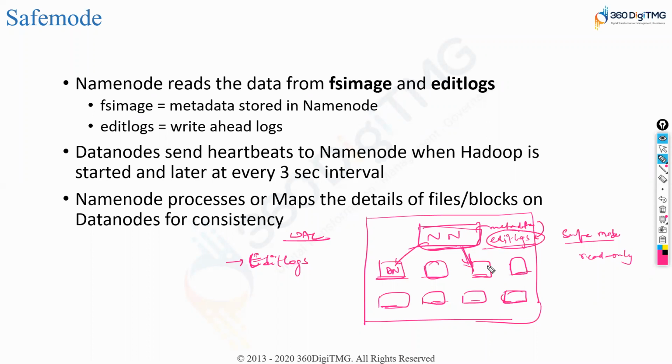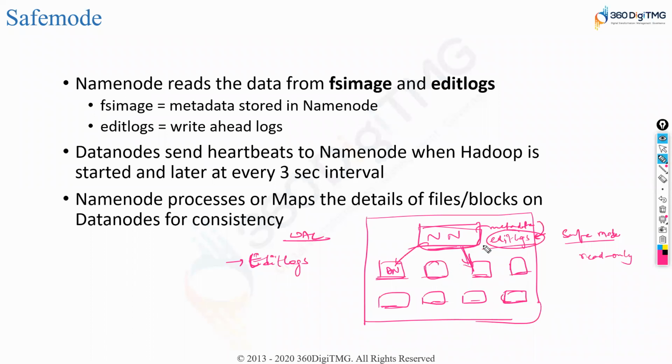Any transaction or task that you are doing in a data node will be assigned a unique ID, and that change gets recorded here. Each status change, each transaction that you do, will be assigned a unique ID. It would be like a counter, 1, 2, 3, 4, and so on.